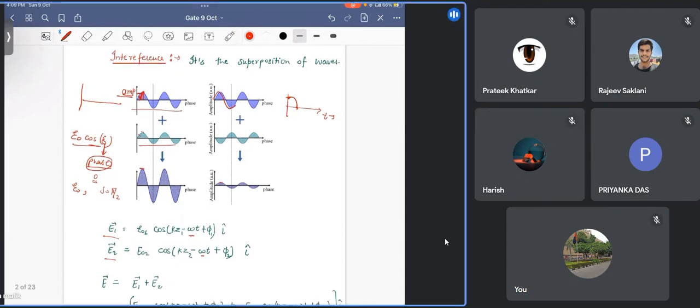For example, here these two waves have the same phase at time t equals 0. So these two waves have a constant phase relationship. At time t1, these two waves have the same phase relationship. Therefore, they will superimpose on each other to give another wave which has a larger amplitude. This is known as constructive interference.